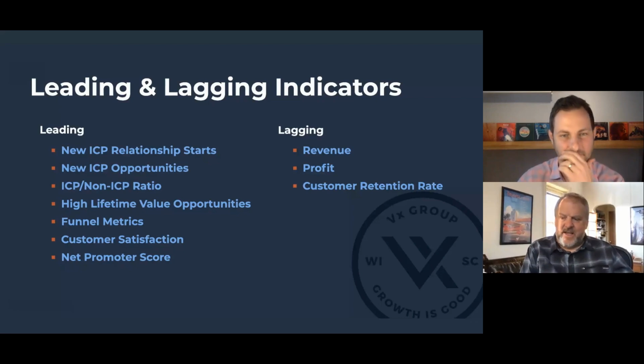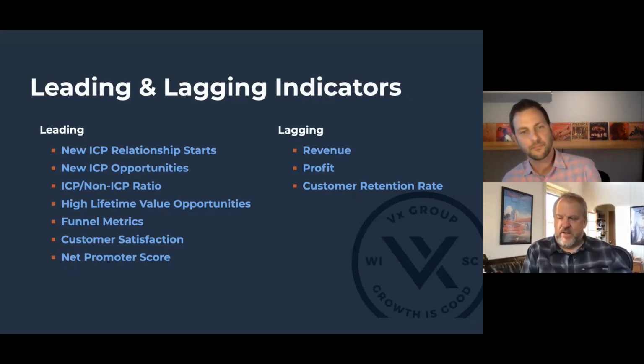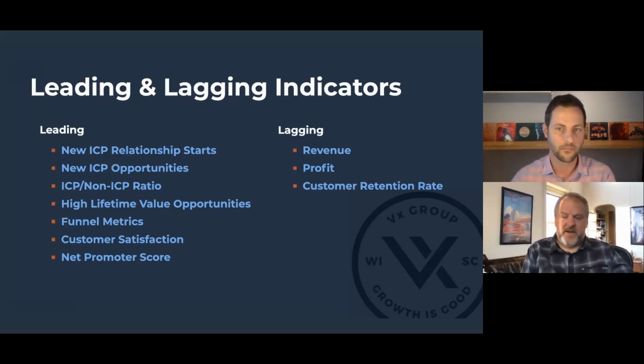Some that I would incorporate into a lifetime value program would be new ICP relationship starts. And it's truly a relationship start. We should know when we have that first conversation with an ICP customer, and we should keep track of that. We should keep score, because that's a big deal, as are those first opportunities.